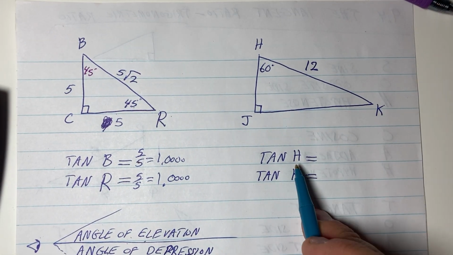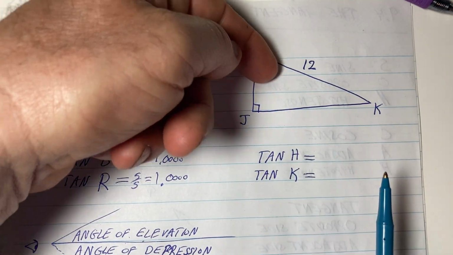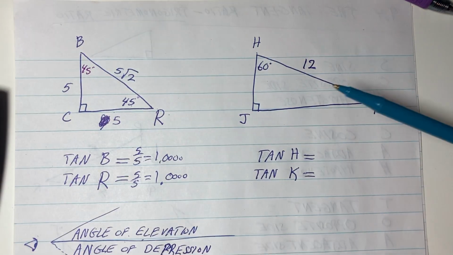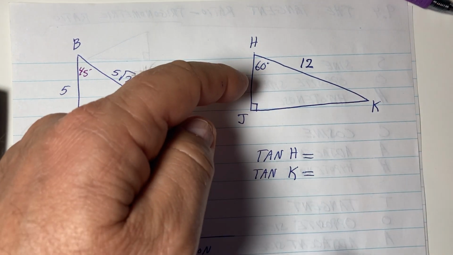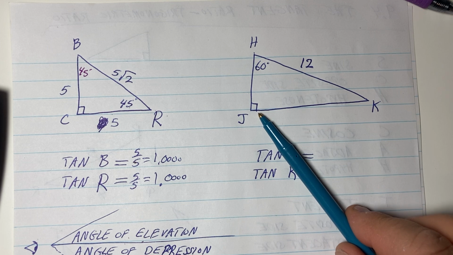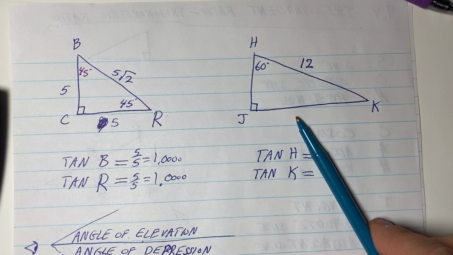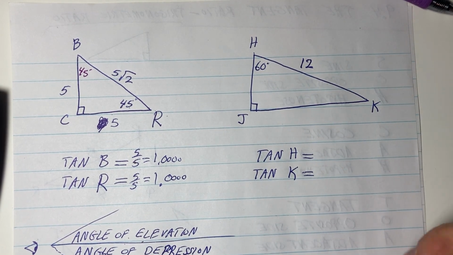What about over here? Tangent of H. So here's H relative to the opposites. It is a right triangle. Can we use the Pythagorean theorem? No. You need two of the three sides, and we only have one.